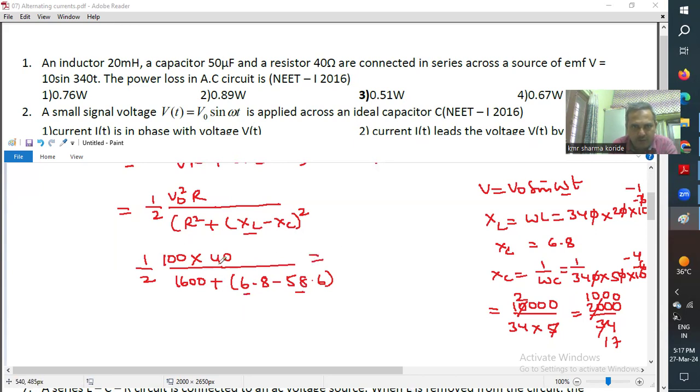So therefore, this is going to be 4 with the 3 zeros divided by 2 into 1600.